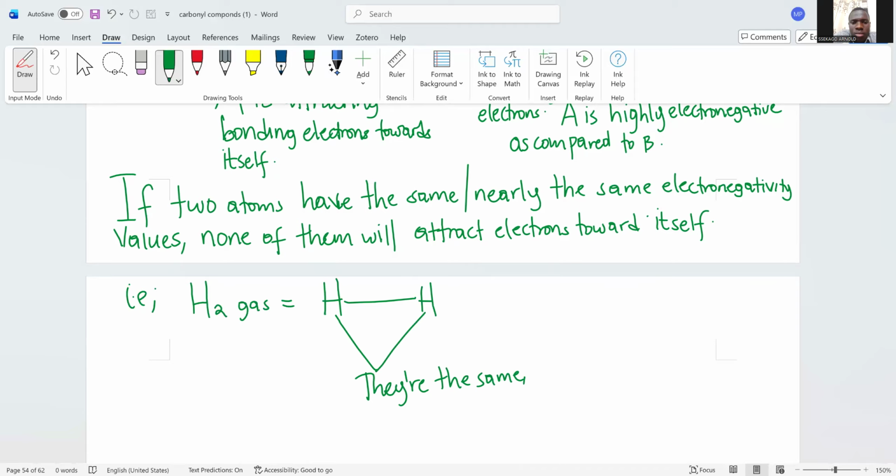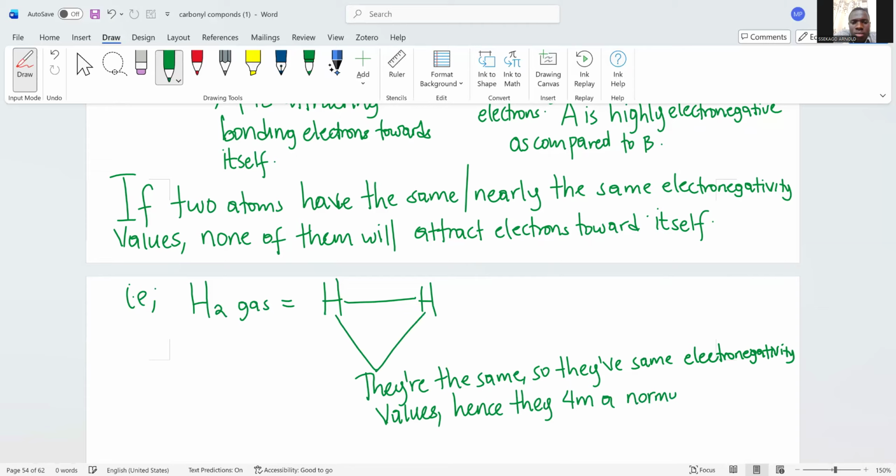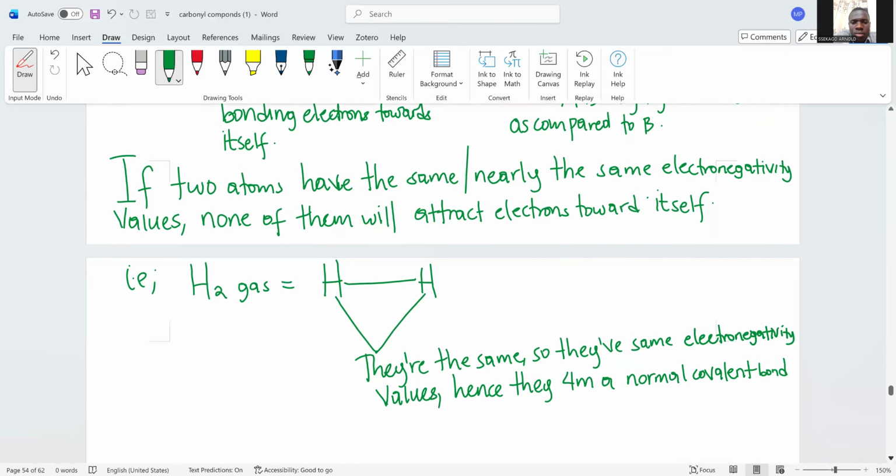Therefore, they have the same electronegativity values. Hence, they form a normal covalent bond.